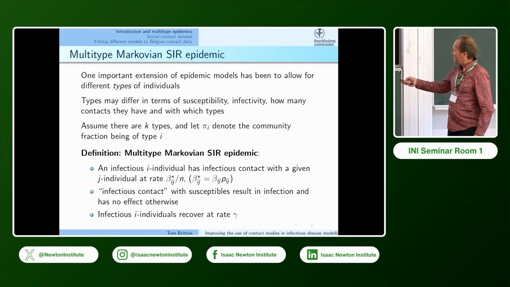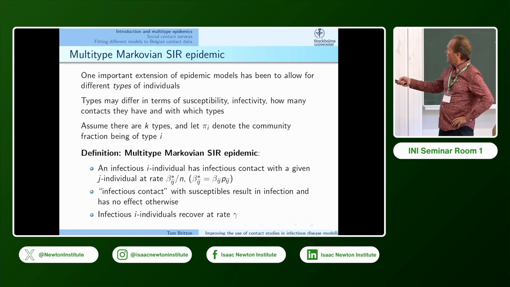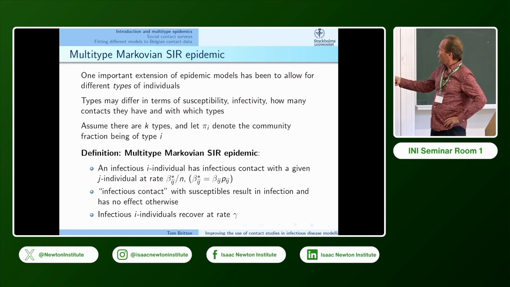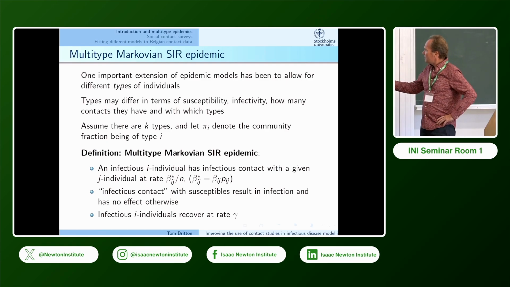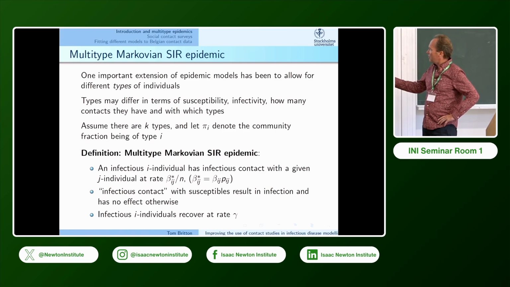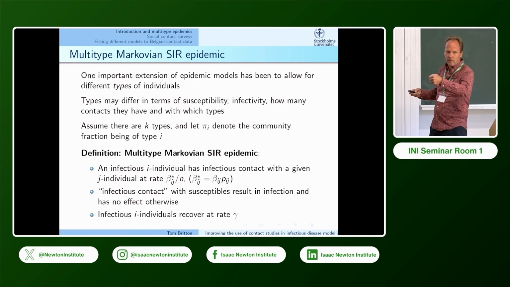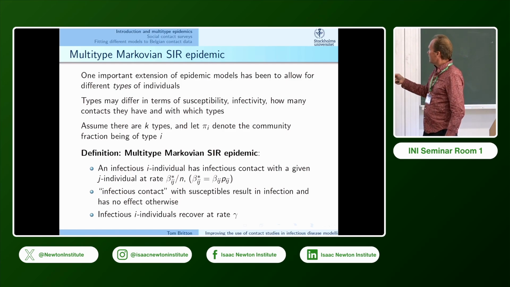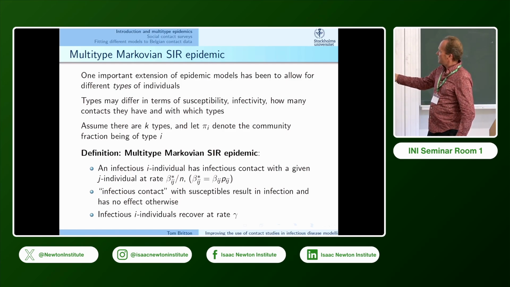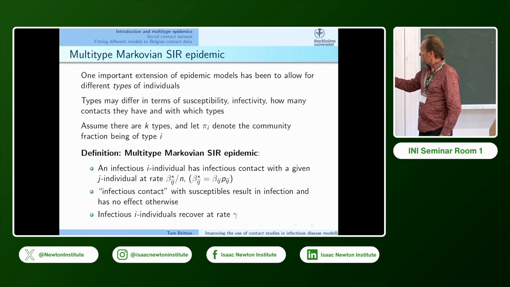In many books this is called the rate of infectious contact. You might think of this beta star as an actual contact rate multiplied by the probability of an infection given such a contact. Later I will assume that this does not depend on the different types of individuals, but in principle it can.